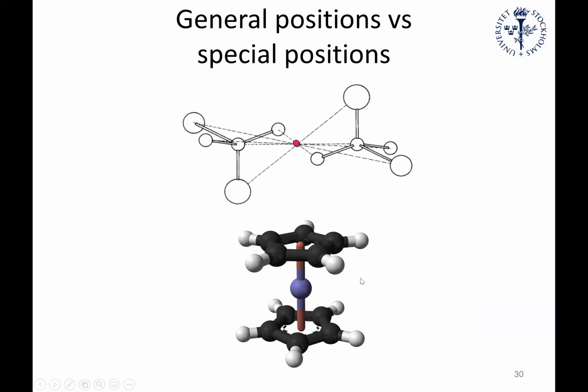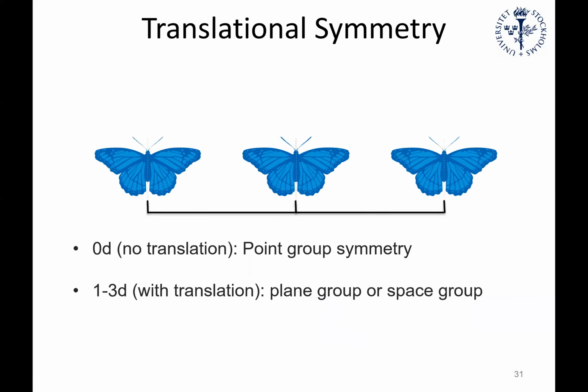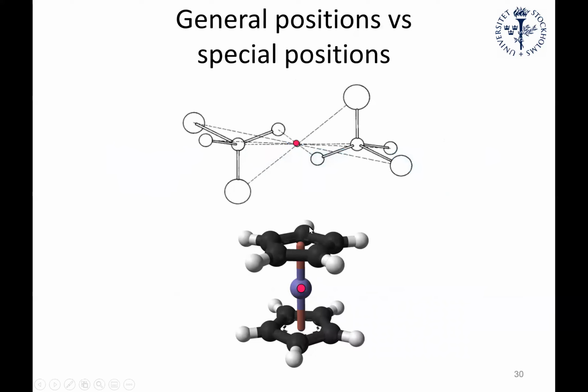In a general position, if you were to perform a symmetry operation, then you generate new coordinates, new positions. If you start off with this carbon in the back and invert it, you end up with this new carbon atom here. So you end up with 2 carbon atoms in the end.